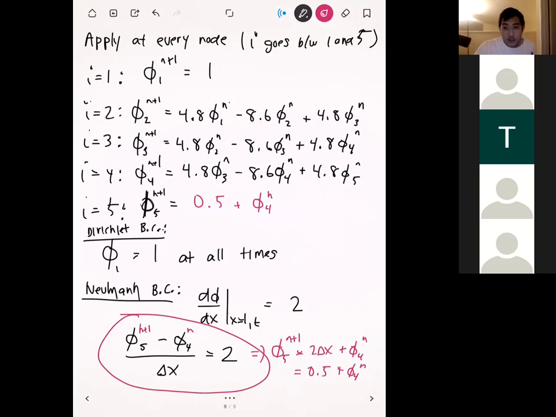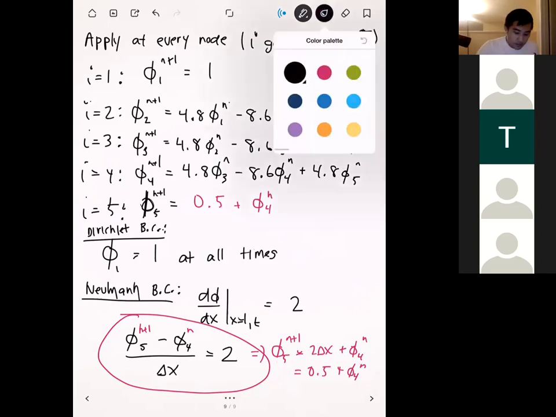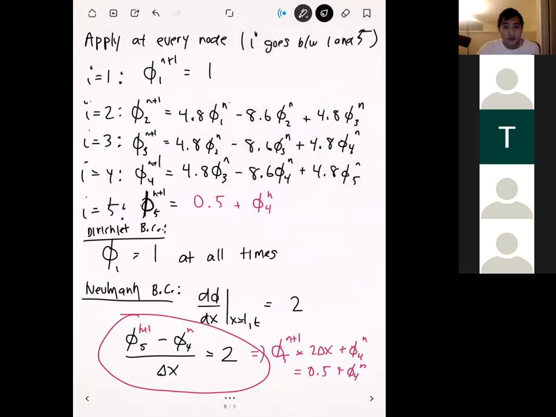Any questions on how we got these 5 equations here? All right. Now that we have these equations in this form, we're ready to time advance.